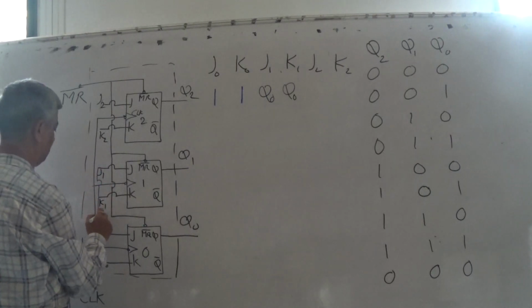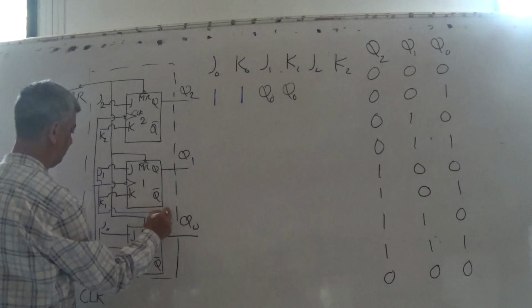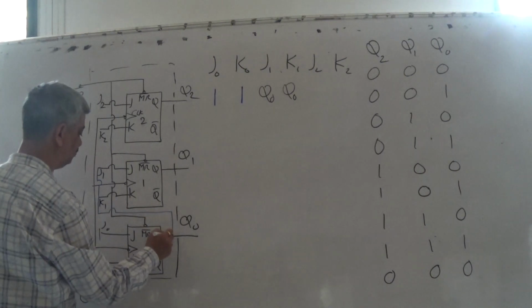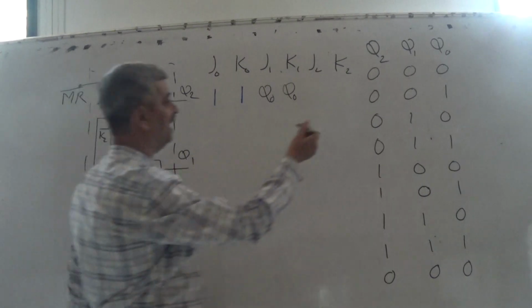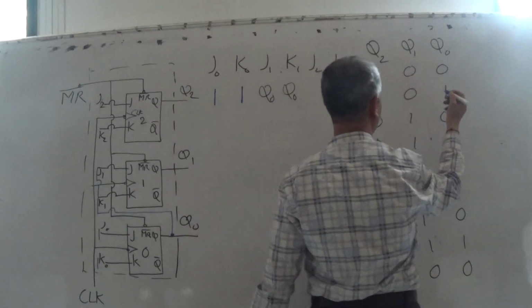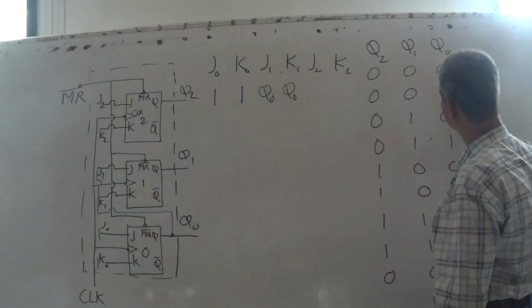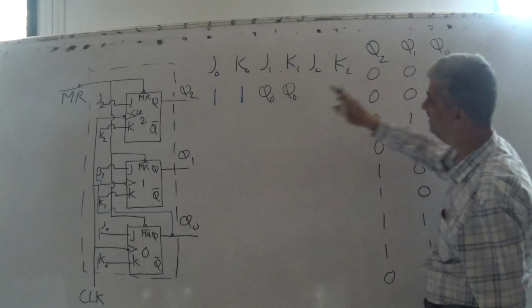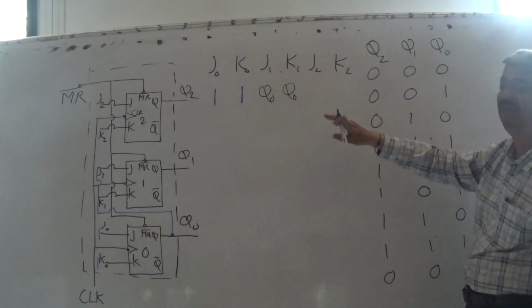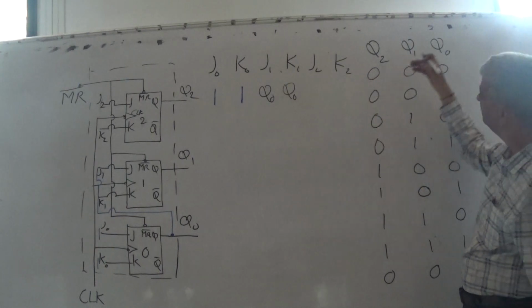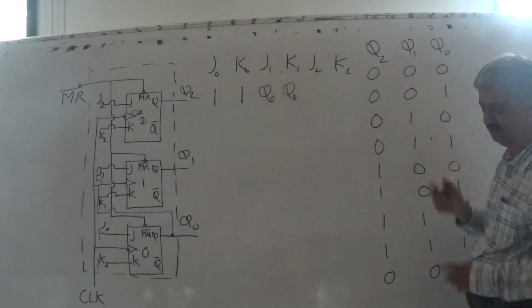J1 and K1 I will connect common and connect it to Q0. So, if Q0 is 0, they will be 0, 0 and this will continue. If Q0 is 1, J1, K1 will be 1, and when J1 and K1 are 1, 1, when the next clock comes, this Q1 will toggle.